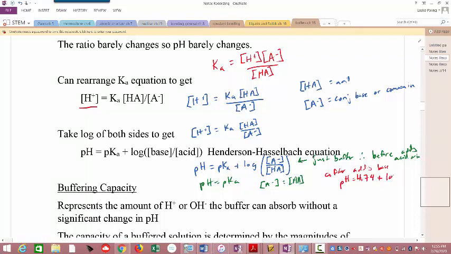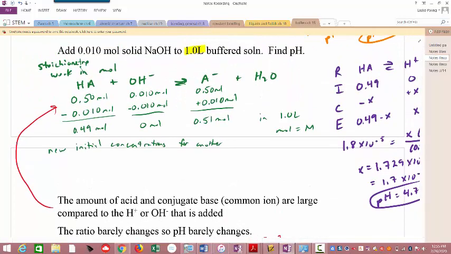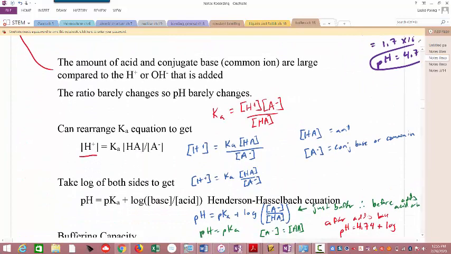Okay? Plus the log of the concentration of the base, which is 0.51, over the acid, which is 0.49.